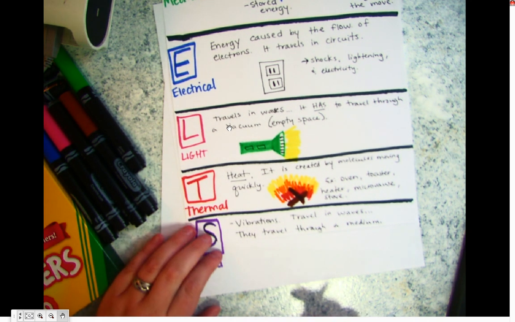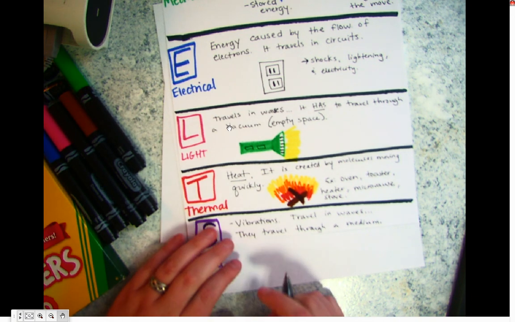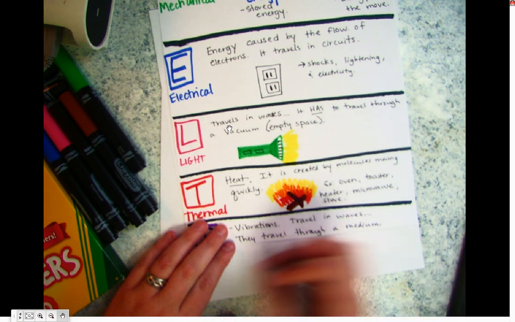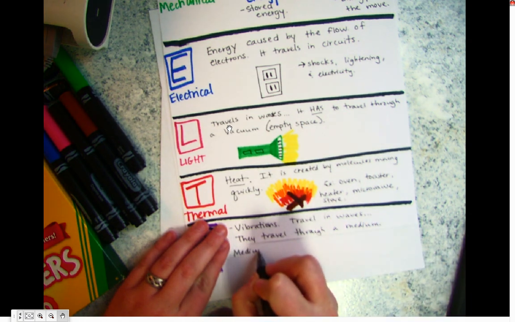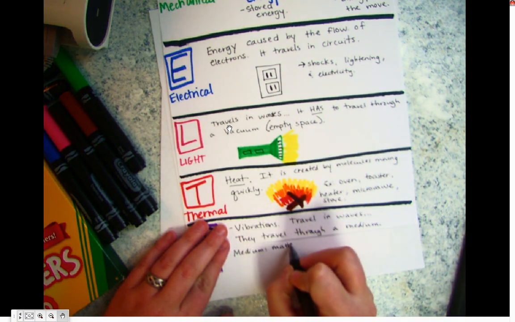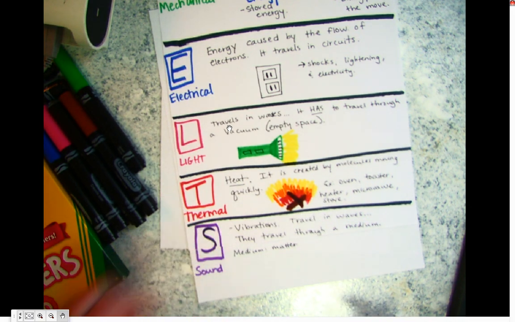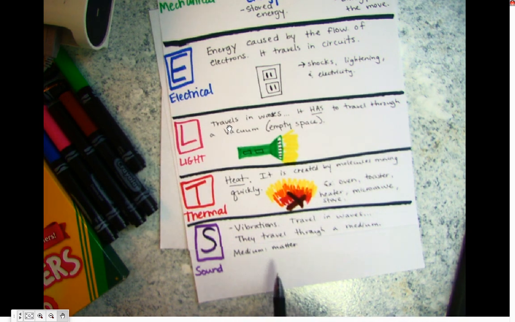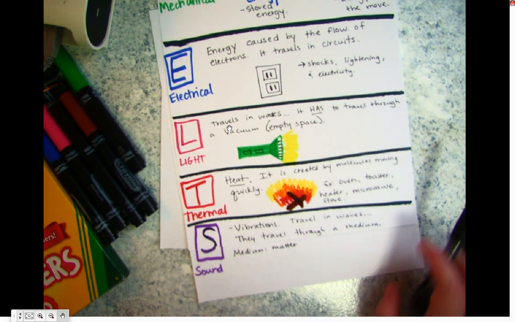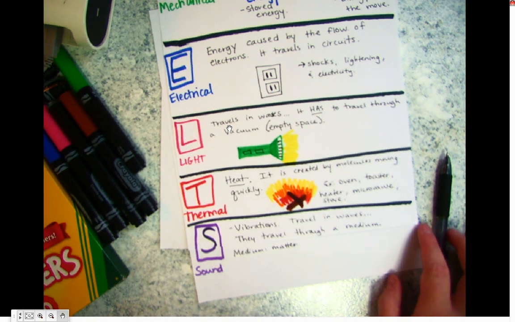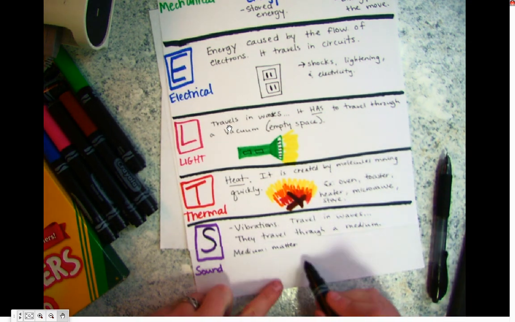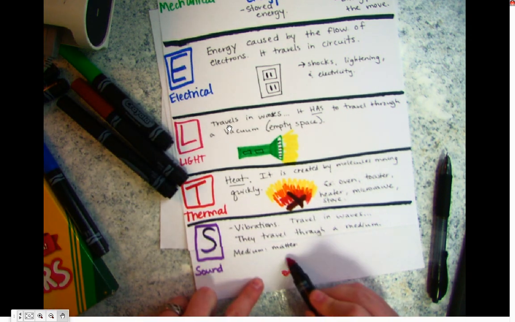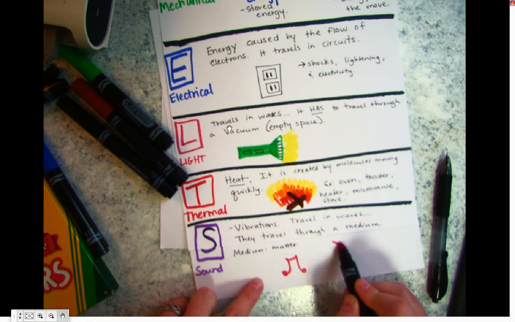All right, so a medium is just a solid, liquid, or gas, okay? And so it's just matter. So a medium is matter, okay? So sound has to have a medium to travel through. It cannot be like light and travel through a vacuum, empty space, or those sound waves would not be able to travel, okay? So it travels through a medium. And then I can just go out here and I can think about those lovely little music notes, okay?